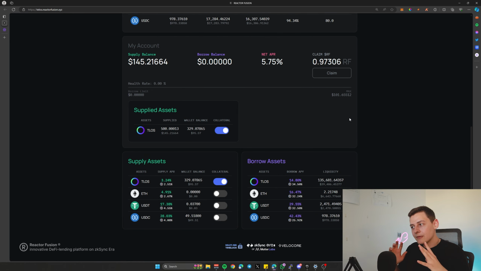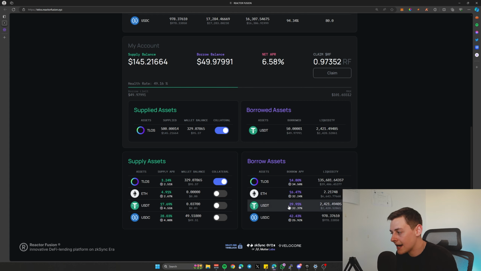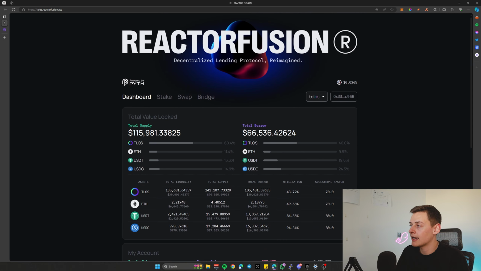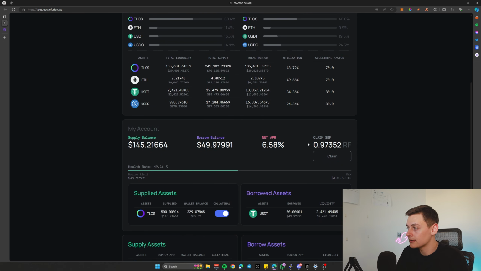Now, there are a lot of numbers on the screen here. I know I'm covering a lot of different things, but something really cool to see here is that even though I'm paying 29% interest on my loan currently, I will be earning 32% in RF rewards, which is a token that is tied to Reactor Fusion. As you can see, I'm earning tokens here and I can claim those tokens.